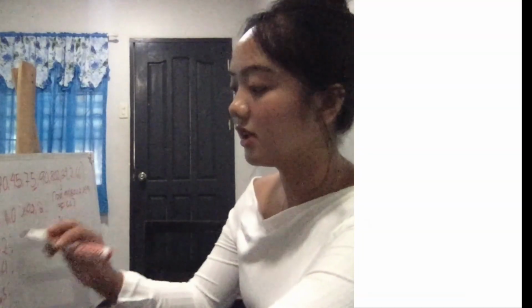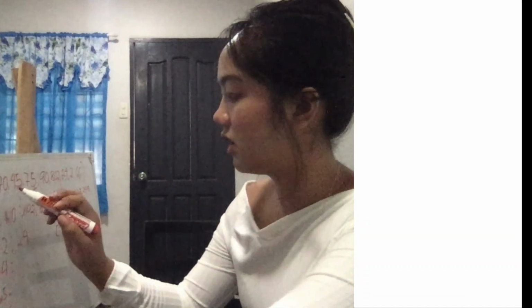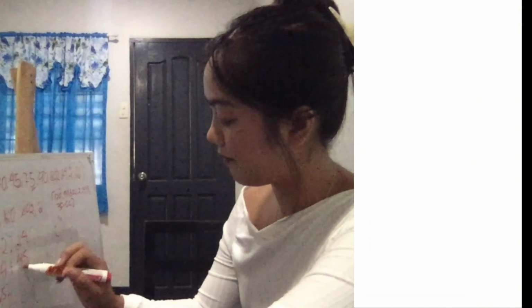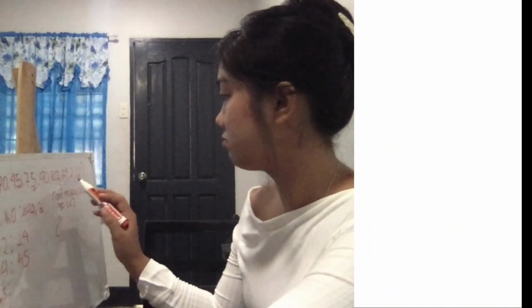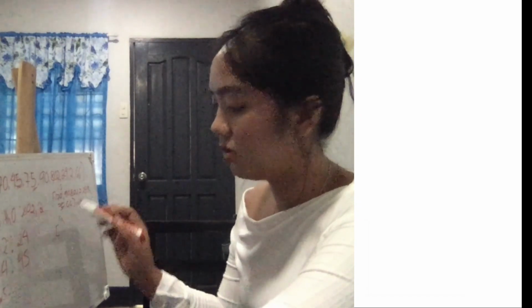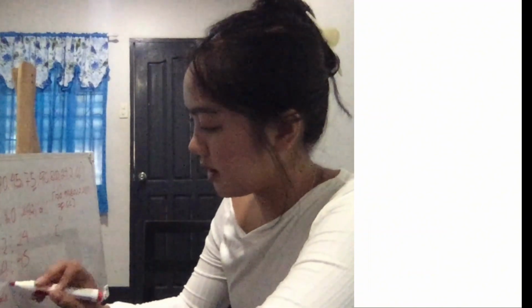So, number with 3 is 24. And then number with 4, 45, and number with 5, oh no, number with 6.